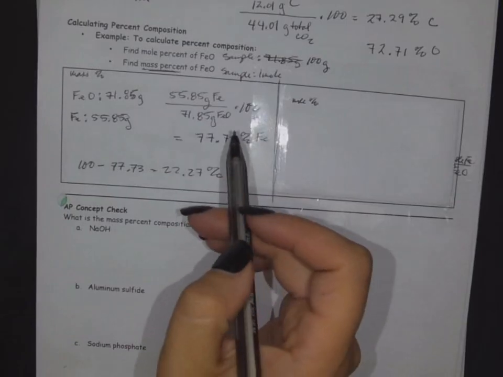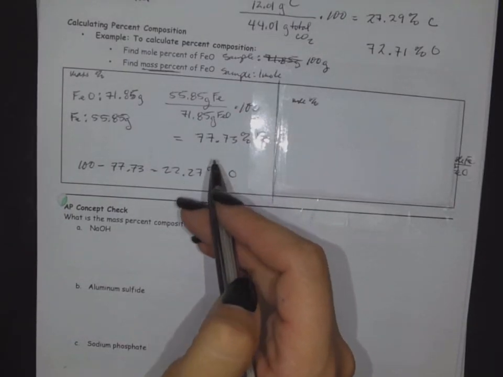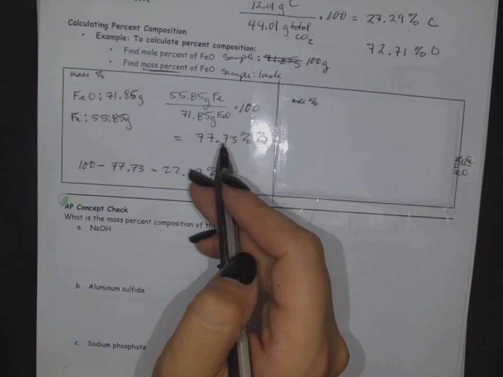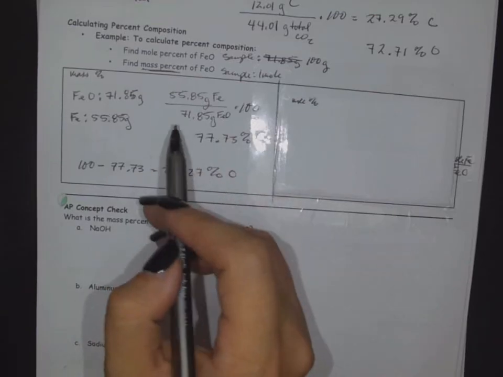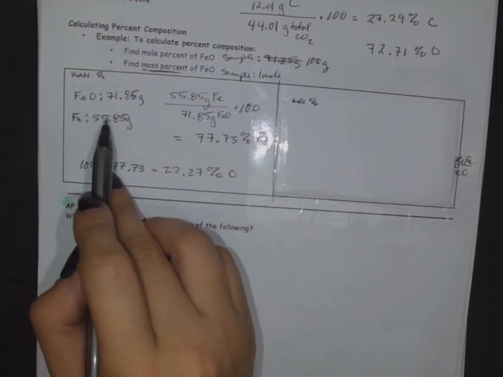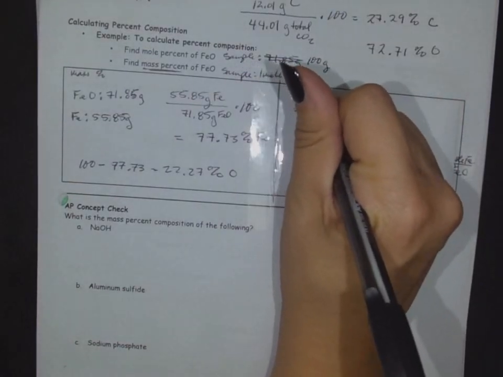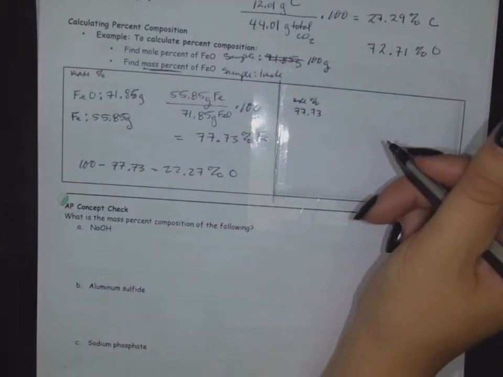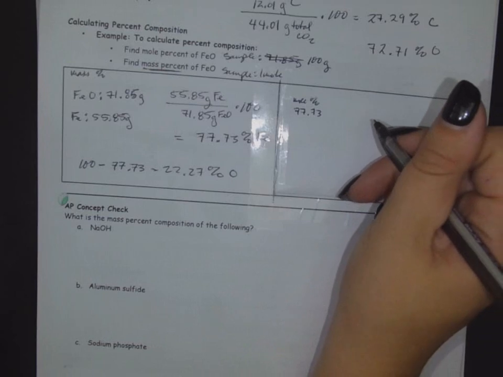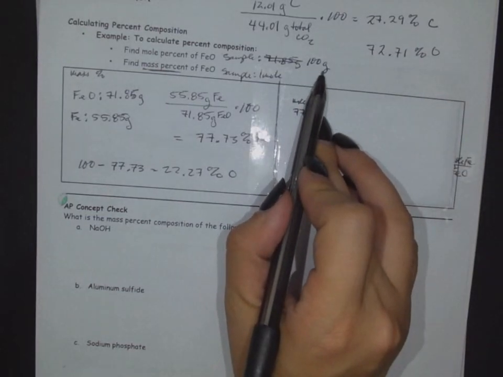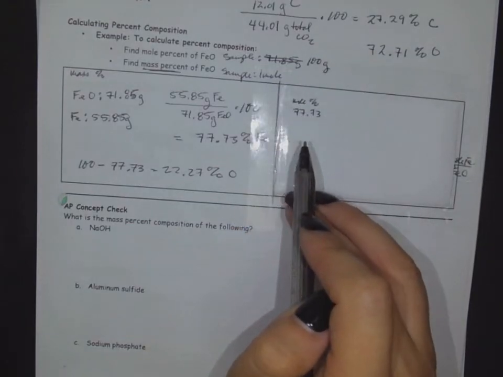They might give you percentages as the starting point, or they might give you actual mass numbers. So they say, hey, in this iron oxide, we found that it's 77.73% iron. So we can go back to assuming that 100-gram sample, because they started with the percentages.